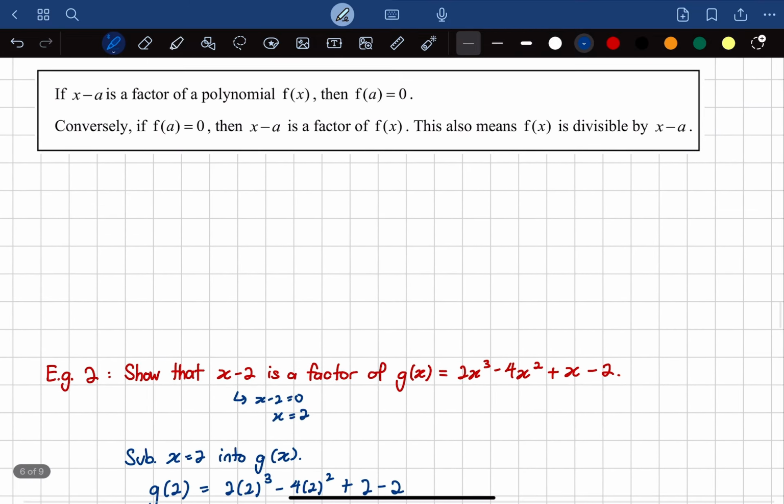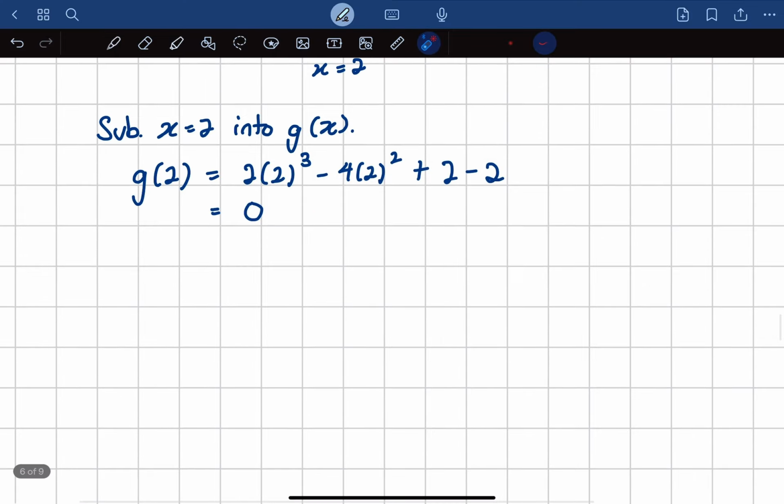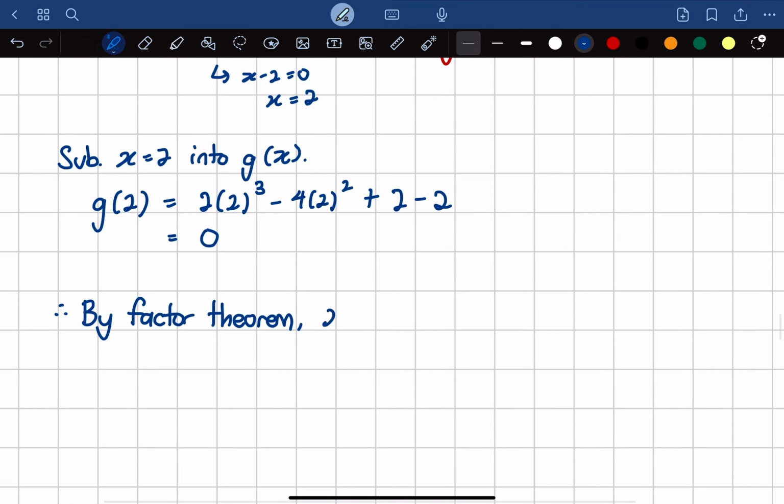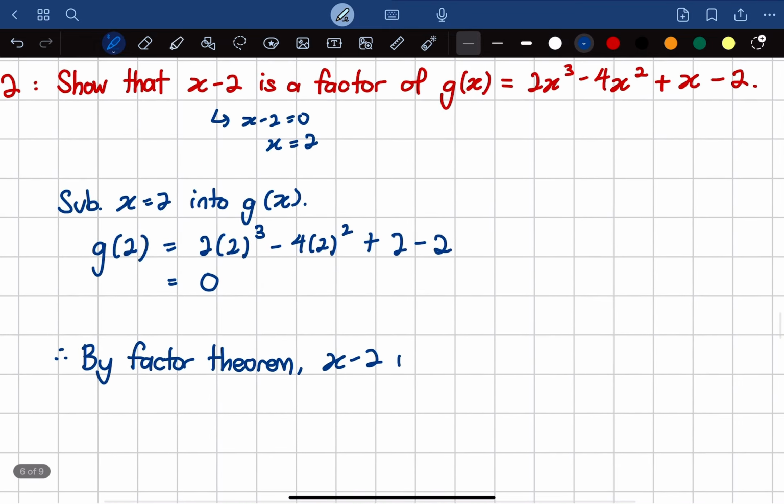The factor theorem states that if the remainder is 0, then this linear divisor is a factor of the polynomial I'm dividing. Since the remainder is equal to 0, by the factor theorem, I can conclude that x minus 2 is a factor of g(x).